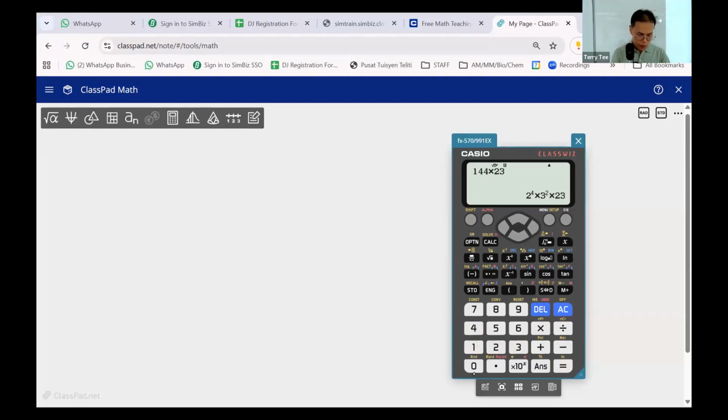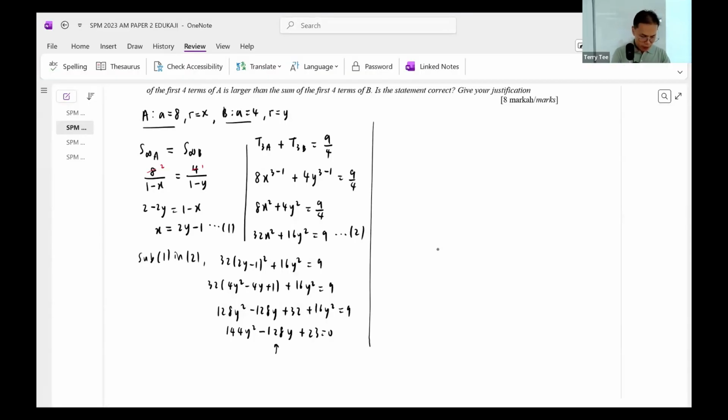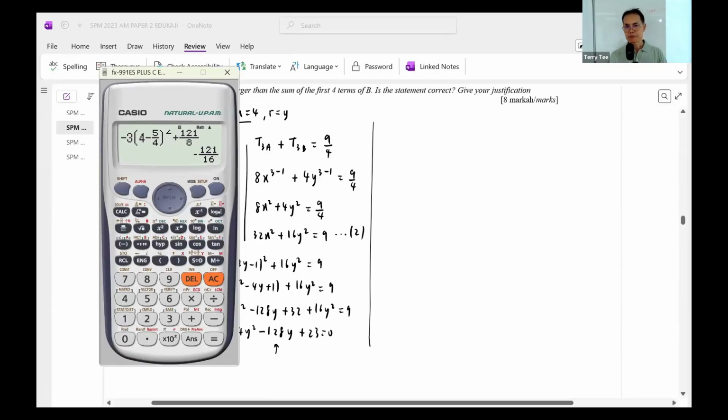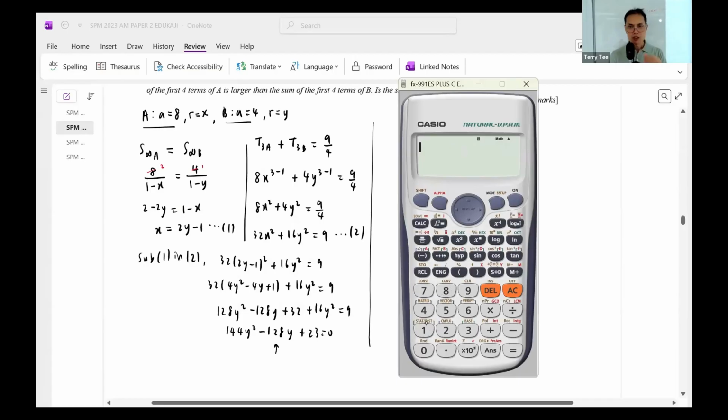Let me try 4, 9, 4, 36, because you want the middle term to be 128, a very big number. I'm going to use this calculator. Let's try it out: 144 times 23 is this.